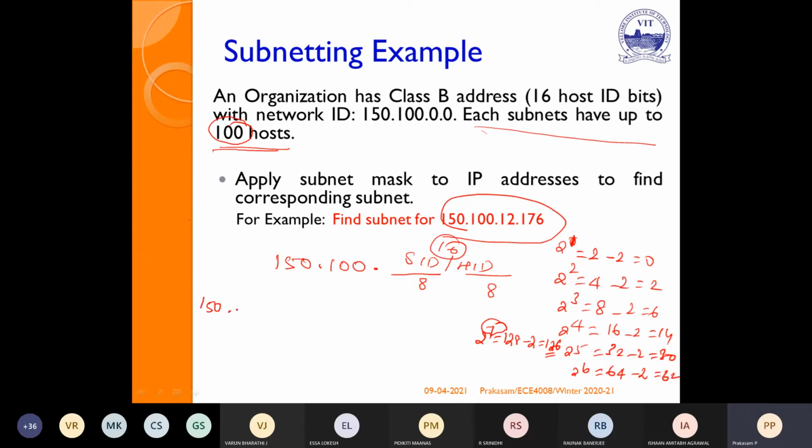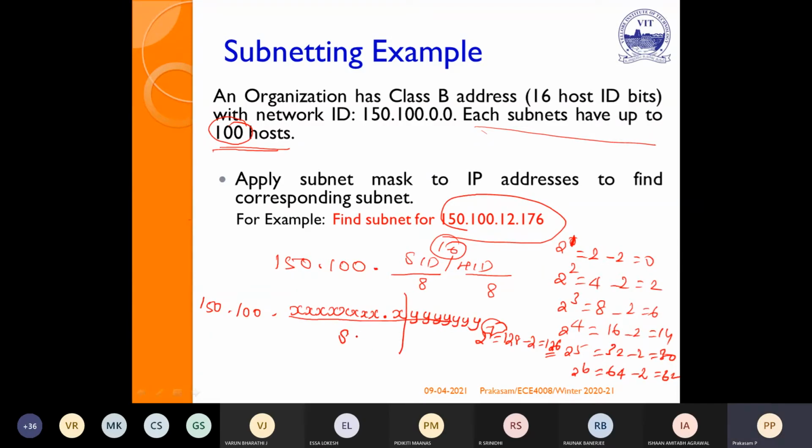So 150.100 dot. Out of these 16, the first 9 I am allocating for the subnet, and the last 7 for the host.